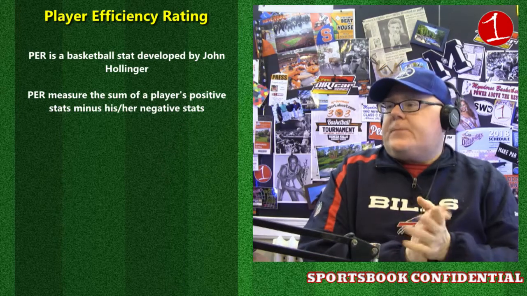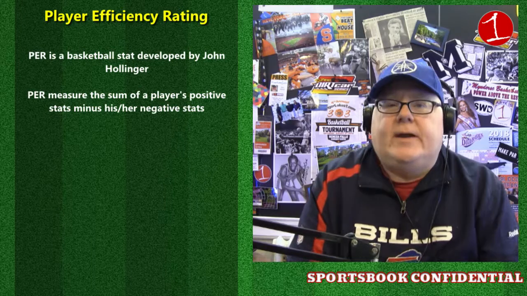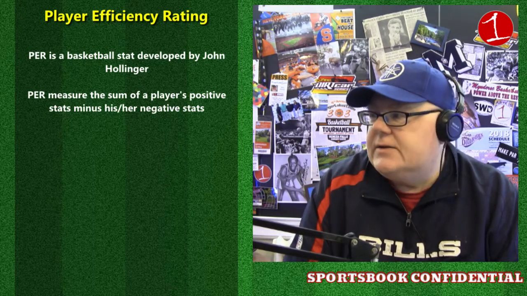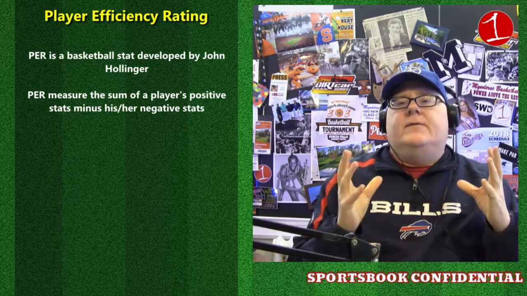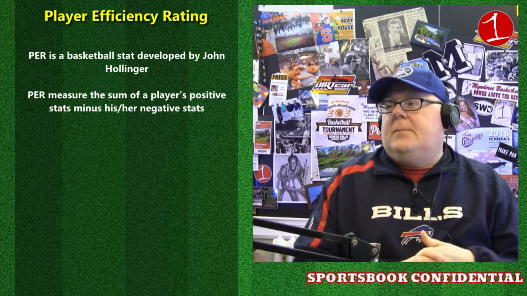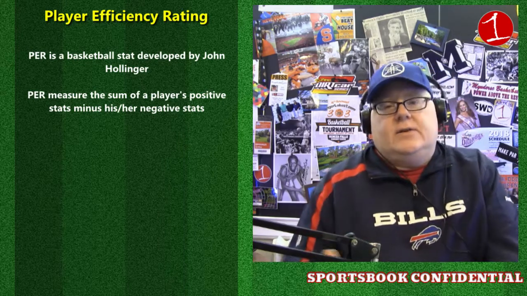Player efficiency rating is a stat that was originally developed by an ESPN guy named John Hollinger, and it is a measure of the sum of a player's positive statistics minus his or her negative statistics, represented as a number.